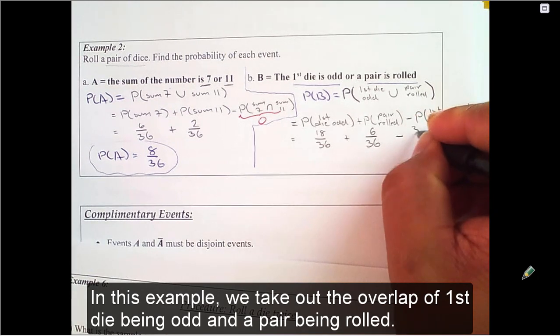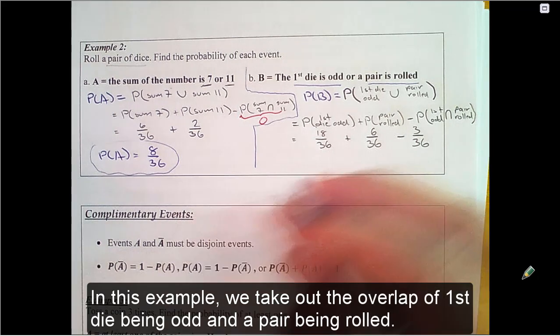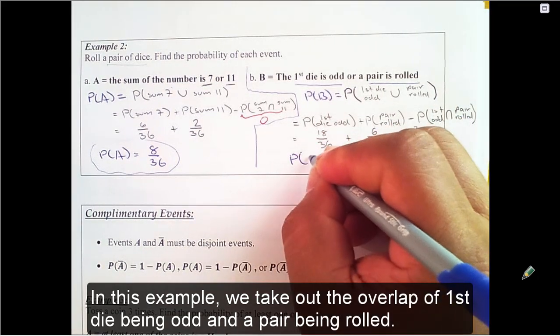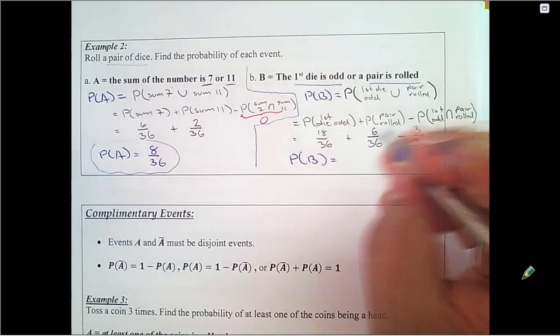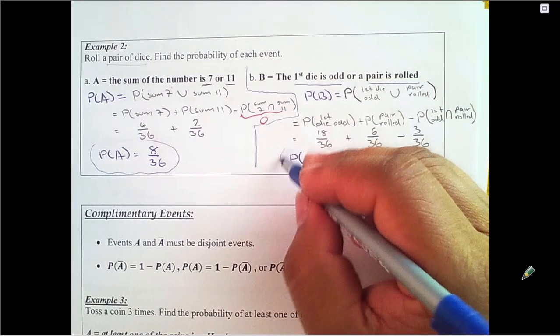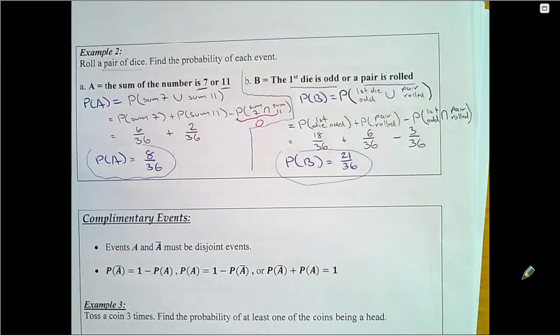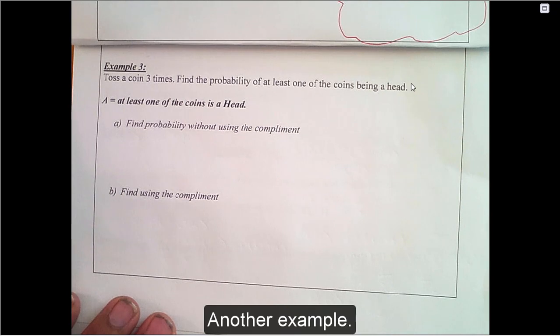In this example, we take out the overlap of the first die being odd and a pair being rolled. Another example.